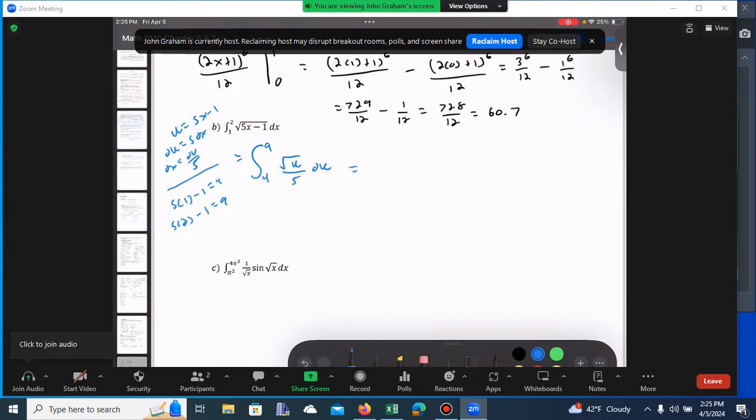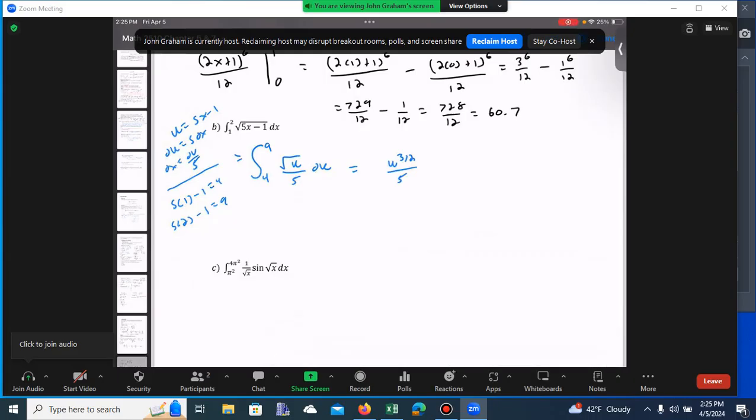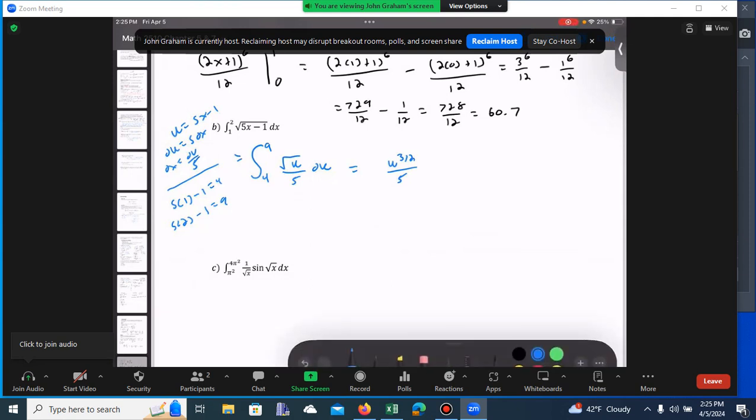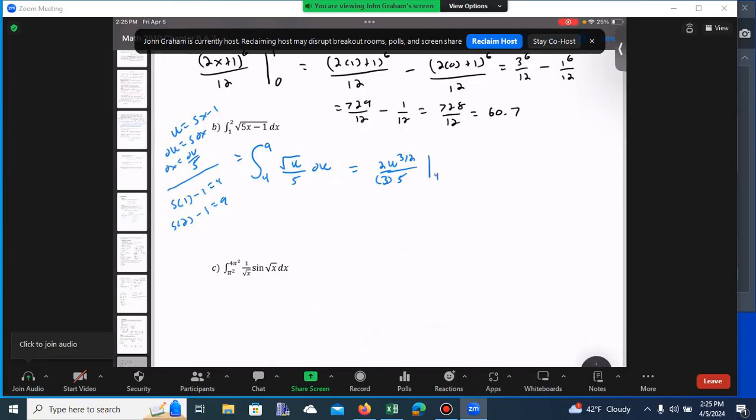All right, so we'll do the antiderivative. This will be u to the 3 halves over 5, and then we have to divide by 3 halves, which is multiplied by 2 thirds. We're going to evaluate this from 4 to 9.